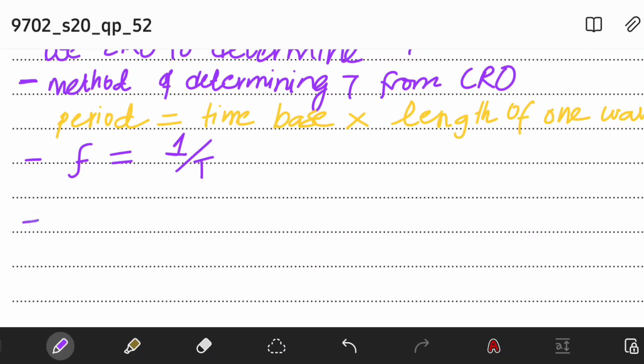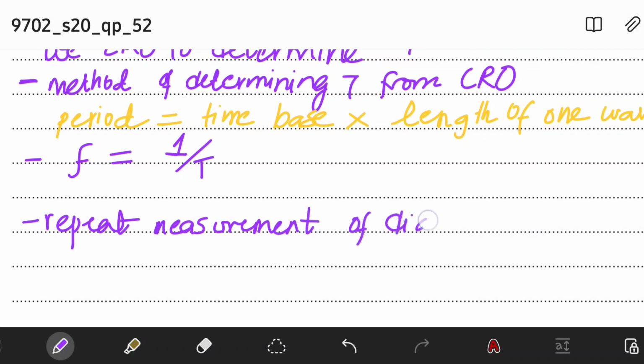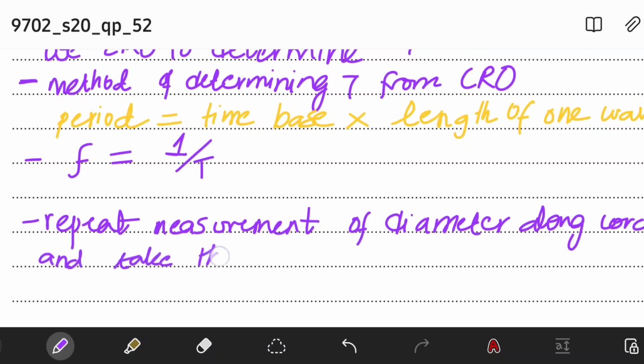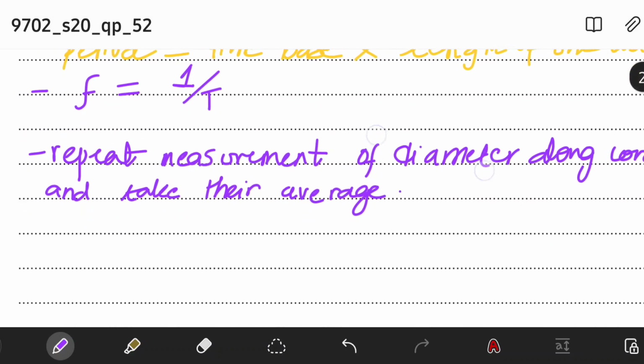So repeat measurements of diameter along the cord, and when you have taken 3 different readings at 3 different points on the cord, take their average. This would minimize any error in the diameter reading.